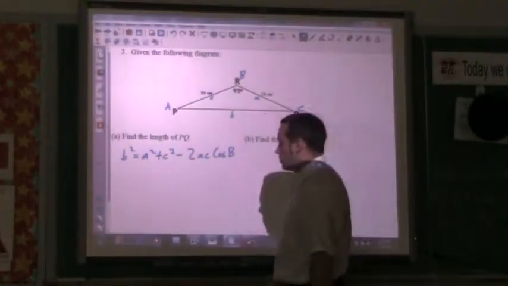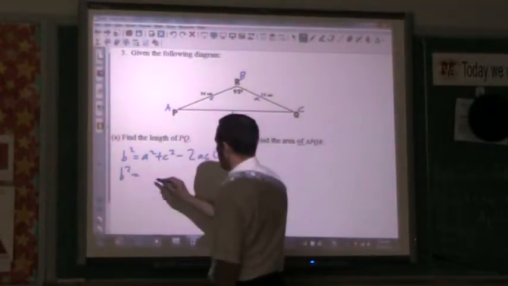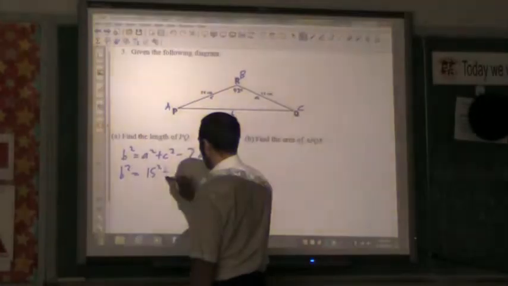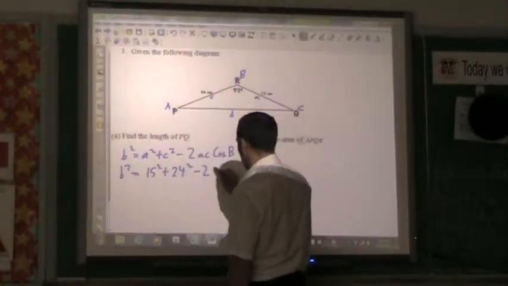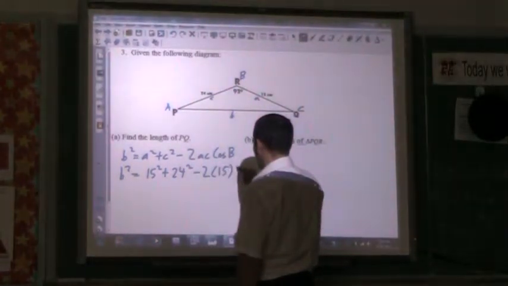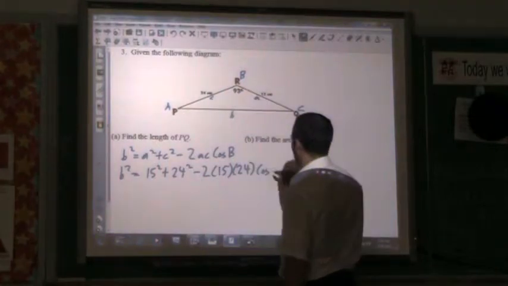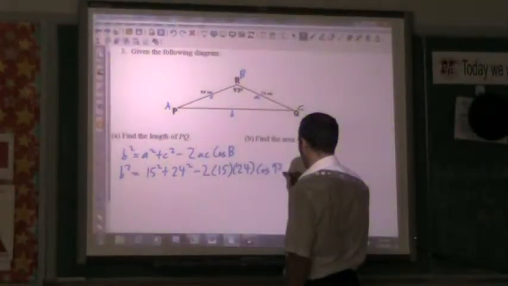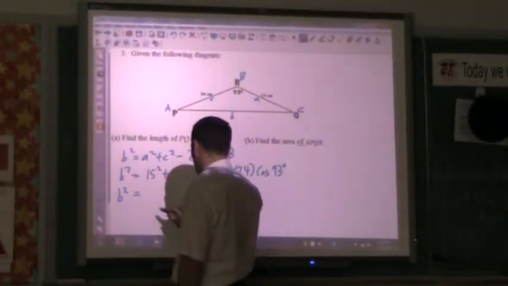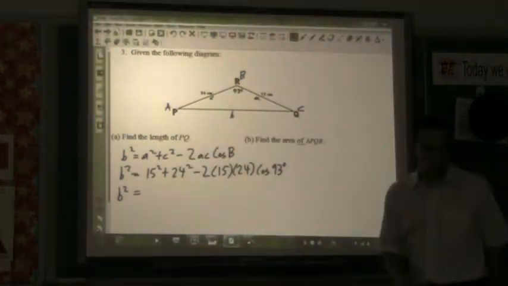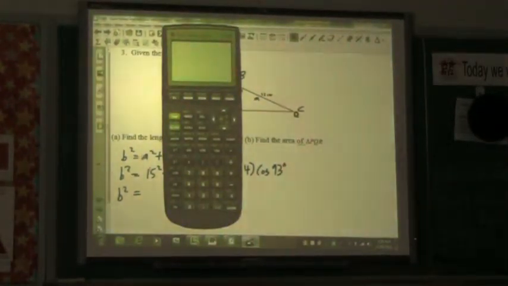Fill in your values. B squared equals, my A is 15, so 15 squared plus, my C is 24, so 24 squared minus 2 times 15 times 24 times the cos of my angle, which is 93. So here's where we go to our calculator.